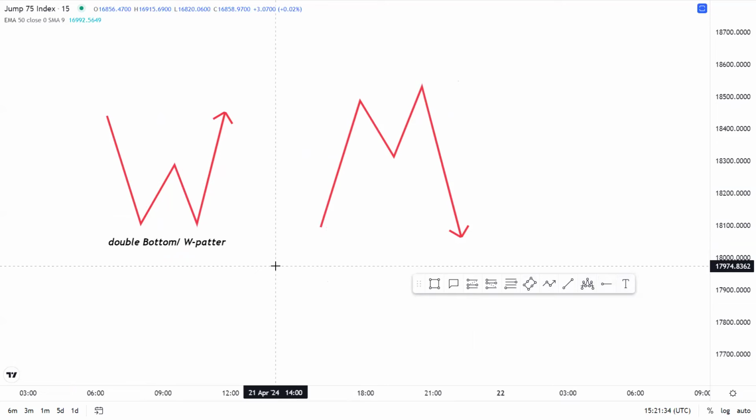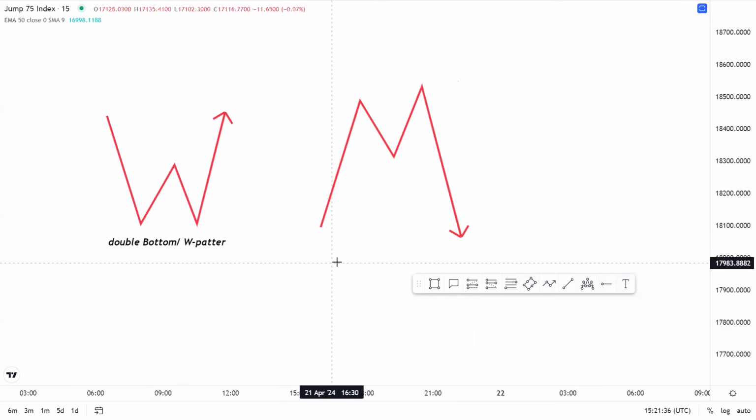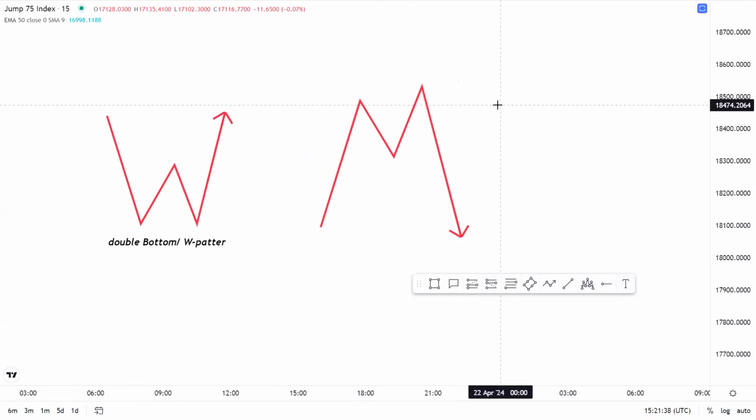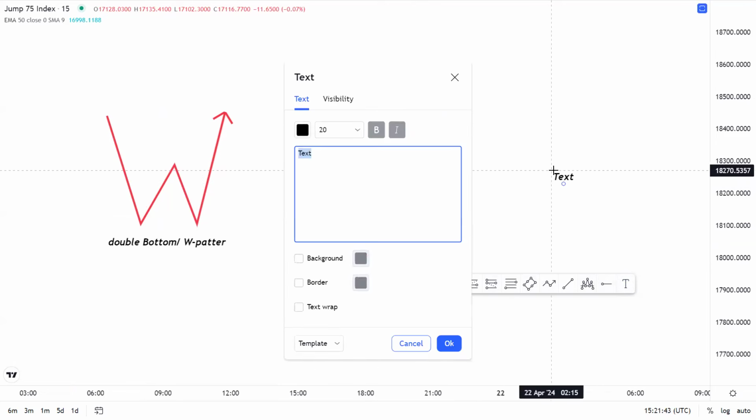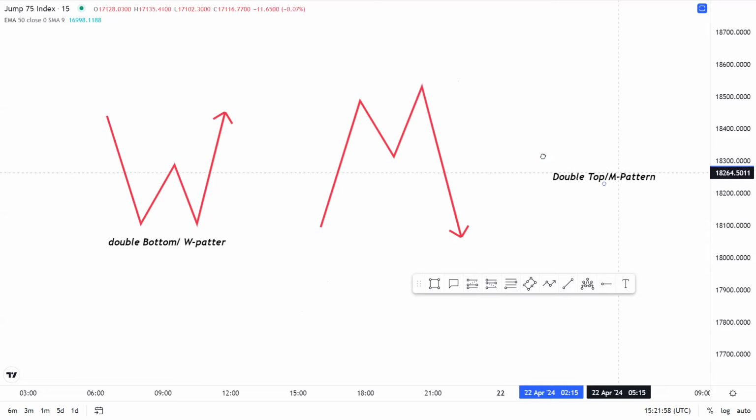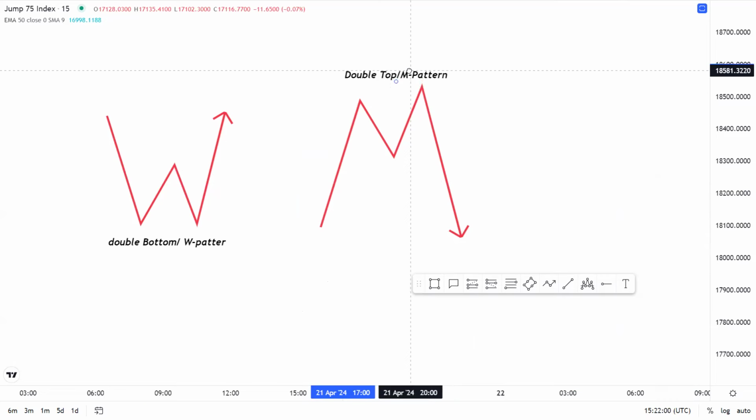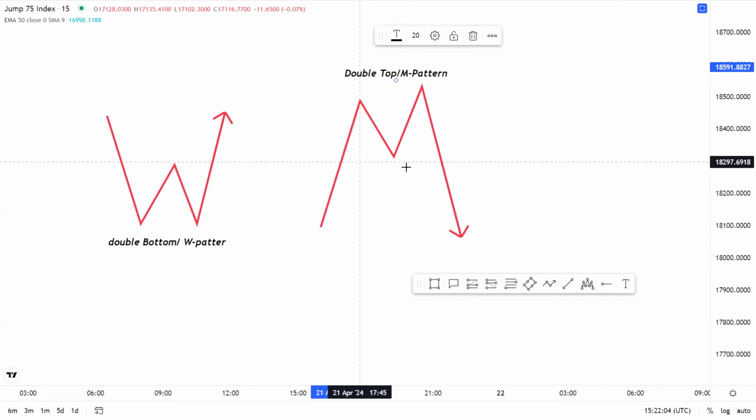And then we have the double top, which is also called the M pattern. Right here, the double top, also called the M pattern, as is identified by the pattern formation.